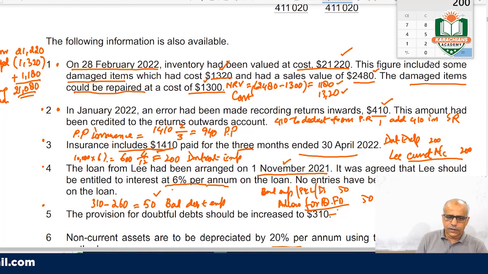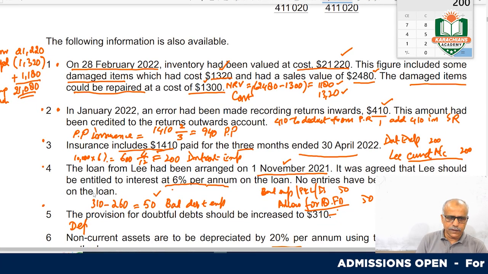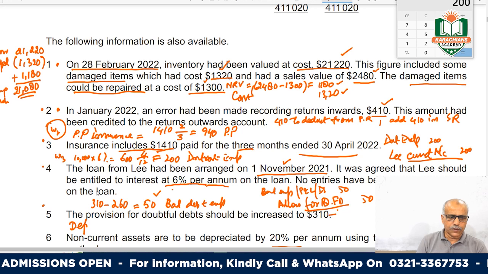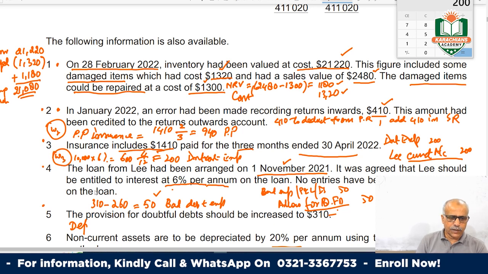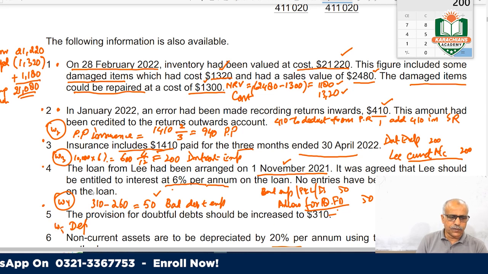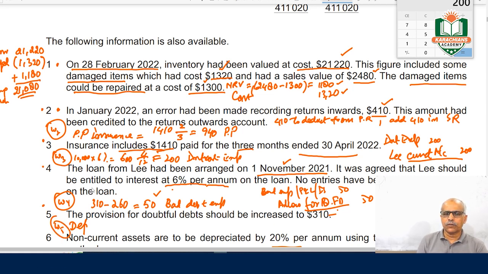So this is very simple. You will calculate depreciation. You can say note number 1, working number 2, 3, 4, and 5. You can mark them, but you don't have to write it here on your paper.